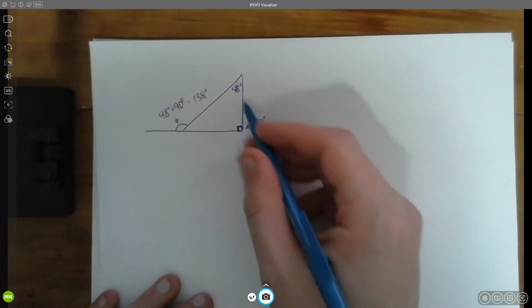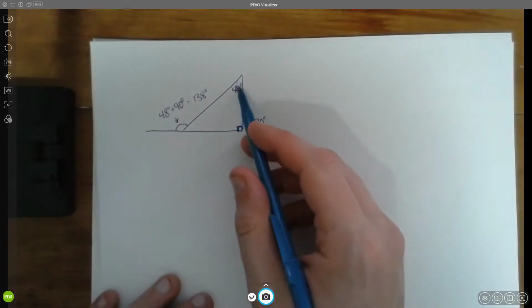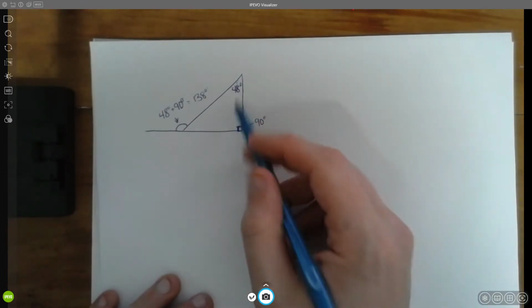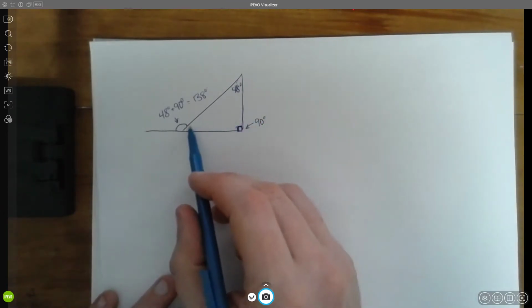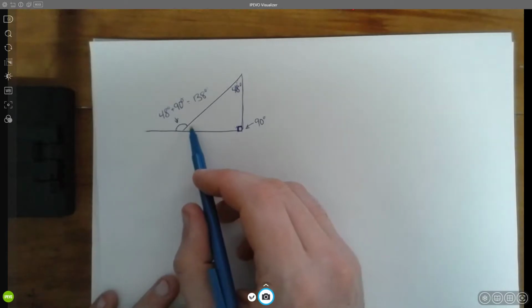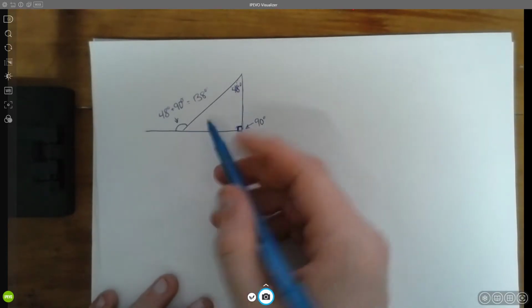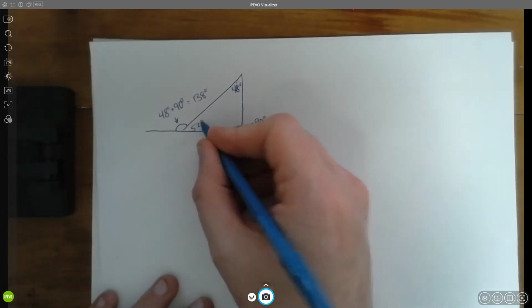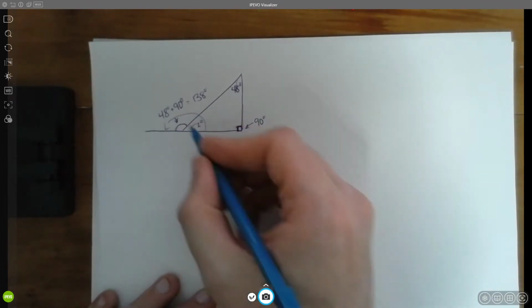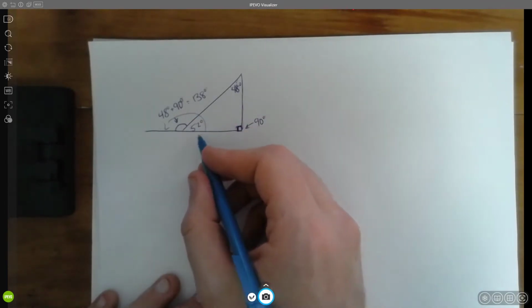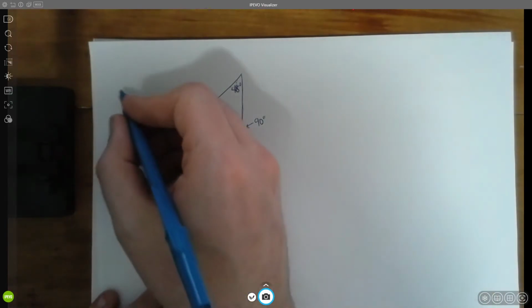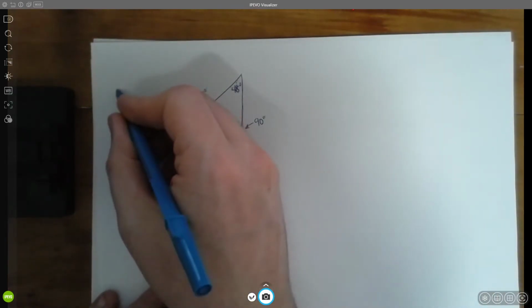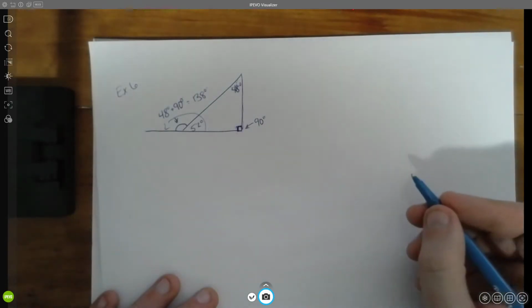The other way we could do it is we could say, okay, well, this whole triangle, if these two added together are 138, then that means that this remaining value to finish the triangle must be 52 degrees. And then if that whole thing is 180, 180 minus 52 is 138. Two ways to get to the same place. But that's for example 6.